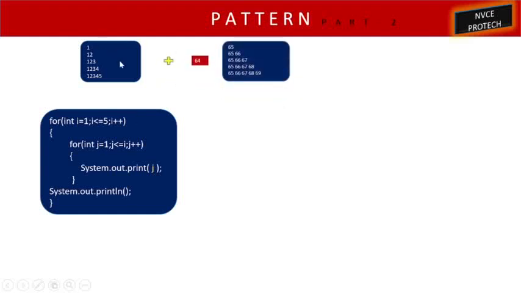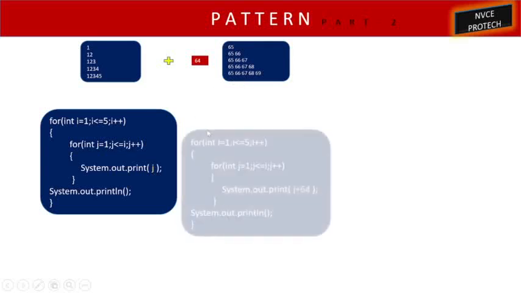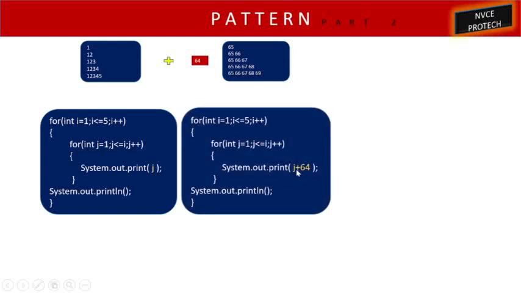After that, if you add plus 64 with all of these numbers, then you get this one. So accordingly, I have also added in the program System.out.print(j + 64). I made it, and our result will be 65, 65, 66, and like this one.